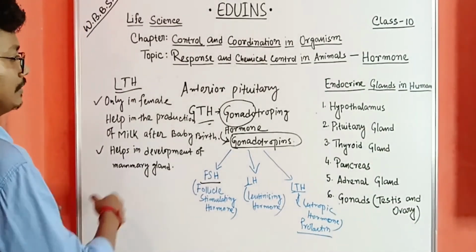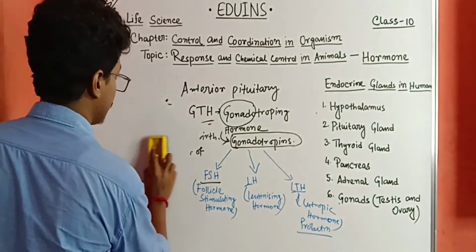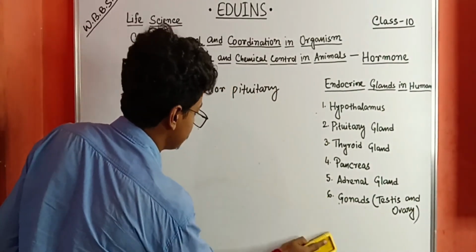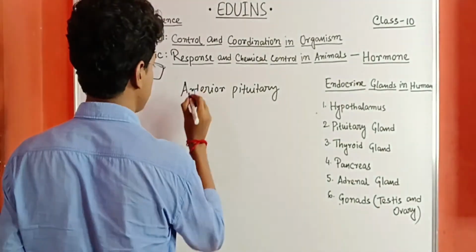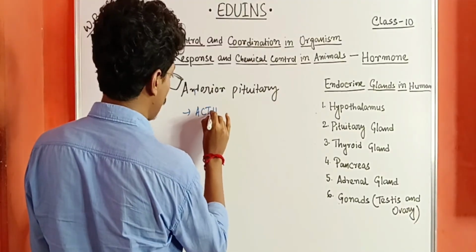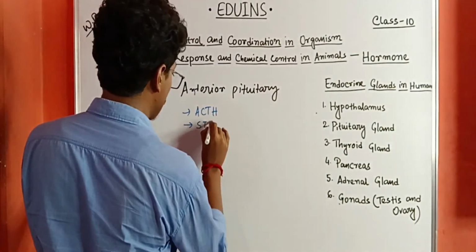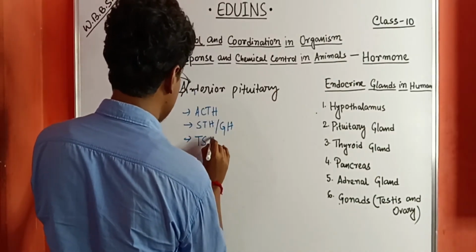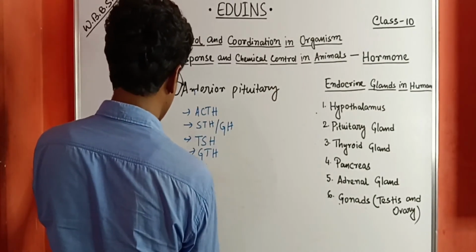Okay, and this is all about the anterior pituitary. If I sum up the hormones, first of all the ACTH or adrenocorticotropic hormone, number 2 STH or somatotropic hormone or growth hormone, number 3 thyroid stimulating hormone or TSH, number 4 is GTH, that is gonadotropic hormone.